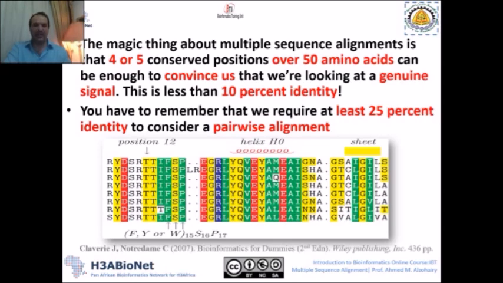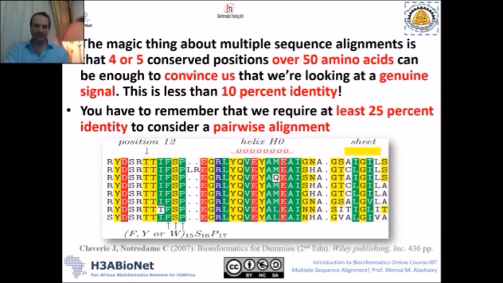So, for example, if you see 4 to 5 amino acids over 50 amino acids that are conserved, this may be a genuine signal. But remember that this is only when we talk about multiple sequence alignment.